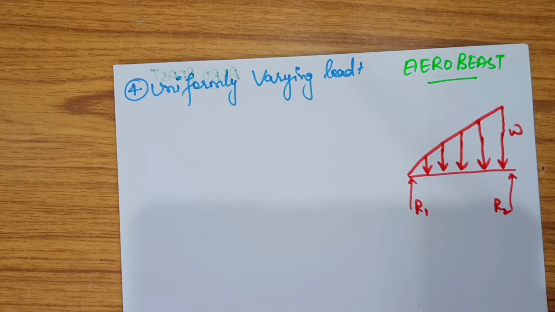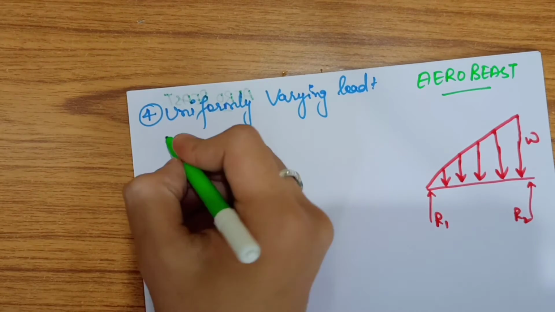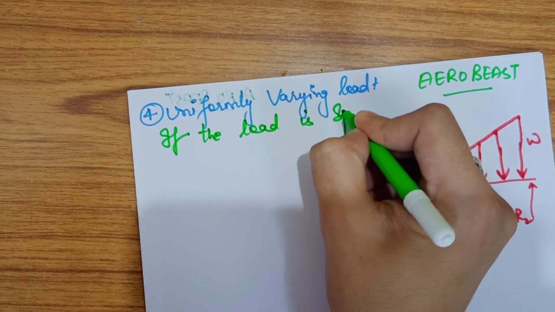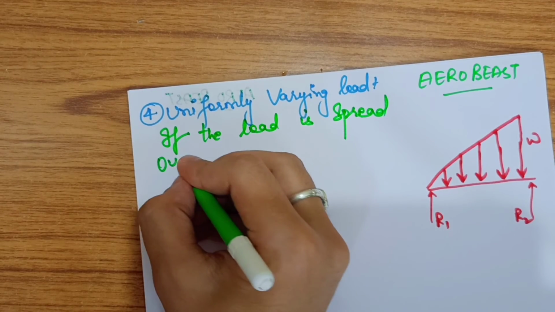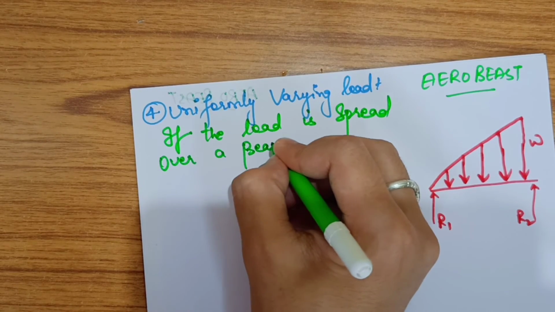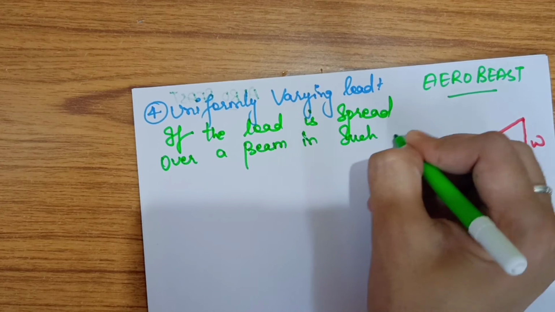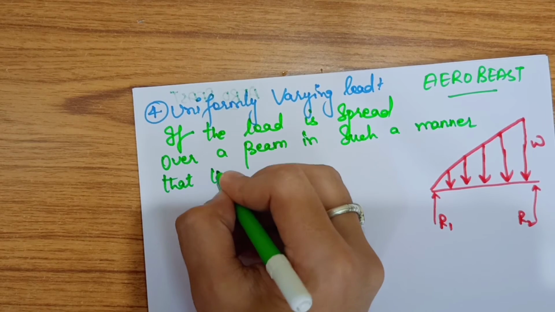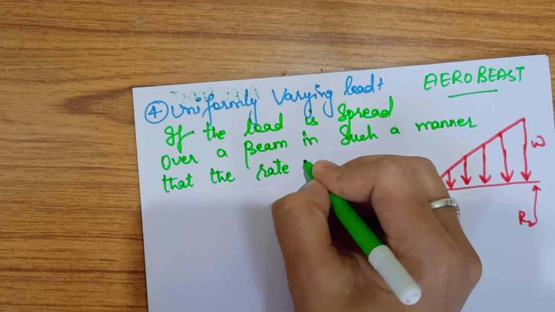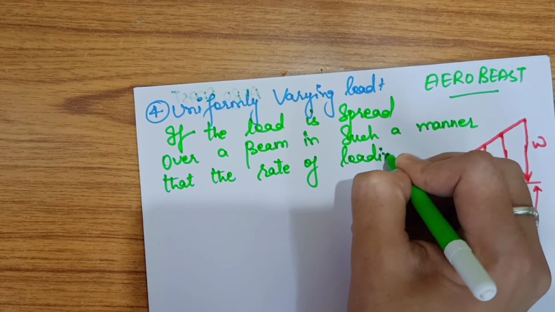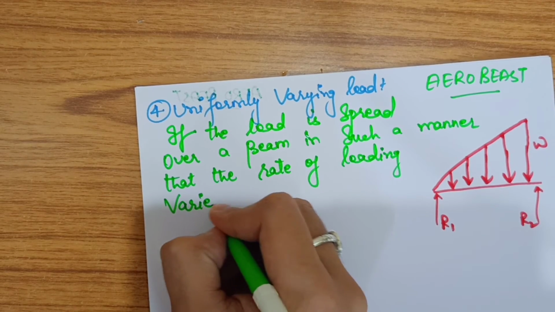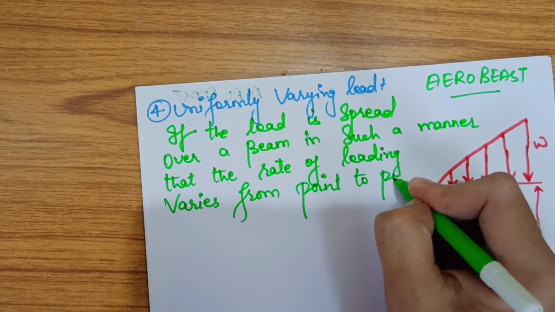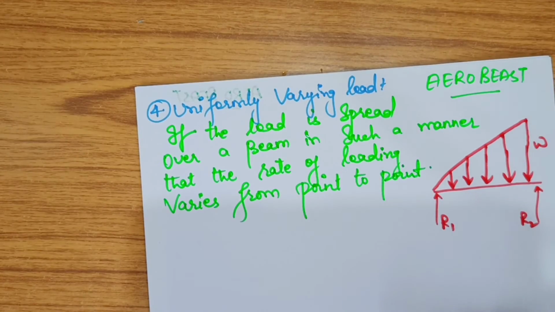So the definition is that if the load is spread over a beam in such a manner that the rate of loading varies from point to point, this is the definition of uniformly varying load.